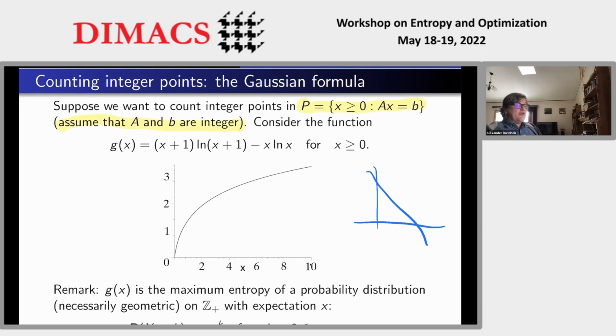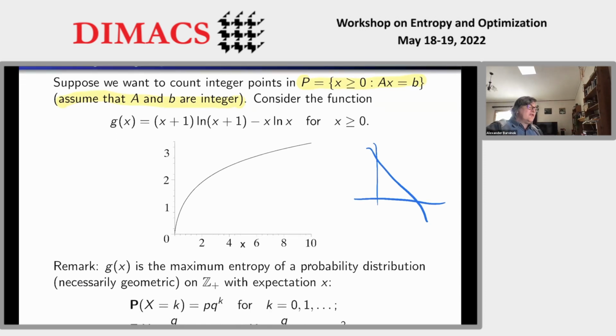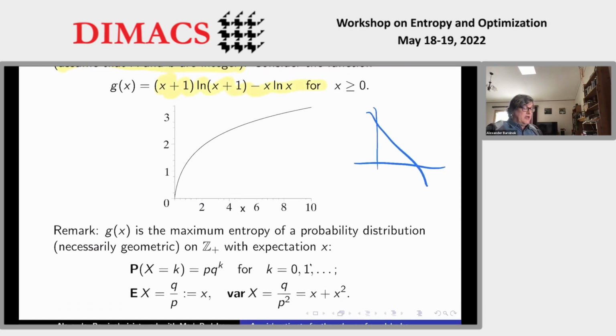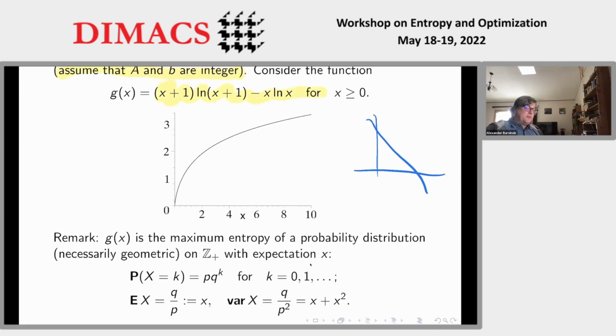We don't even know if there is one, but let's try to pull the same thing. So instead of that function f that was the sum of logs, we consider this function, which looks like this. So it's still concave, and it's actually entropy. So it's the maximum entropy of a probability distribution on non-negative integers with a given expectation, right? And this distribution is necessarily geometric.